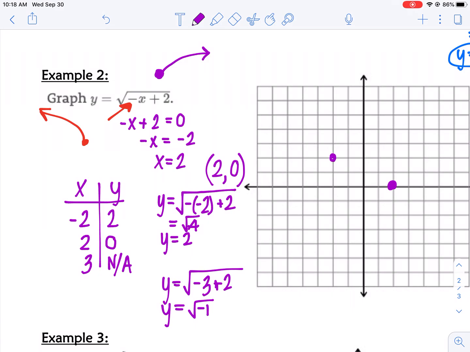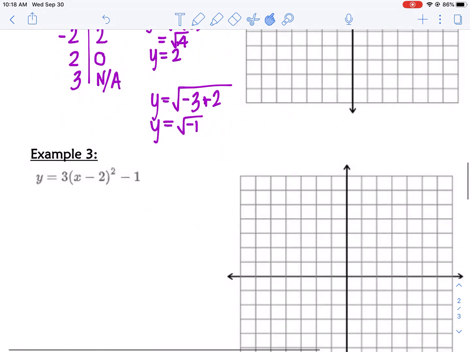So -2, up 2. I know it's going to be a nice curvy shape, so voila, that could be my graph. Okay, so it does take time. The XY table will be your best friend because it will help you in your graph.